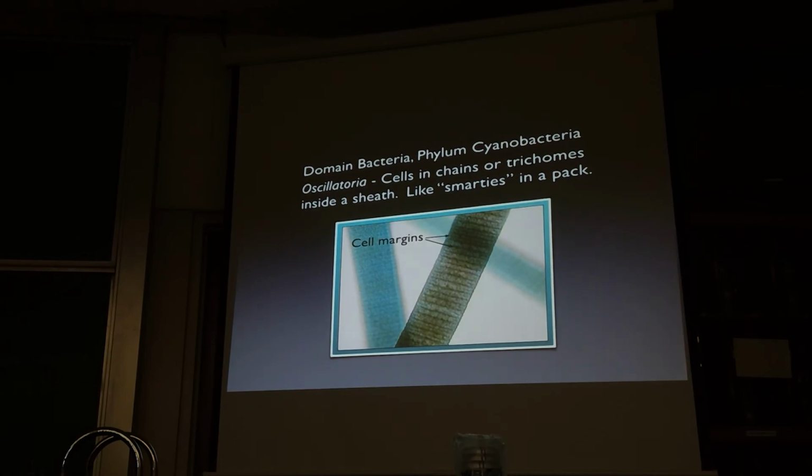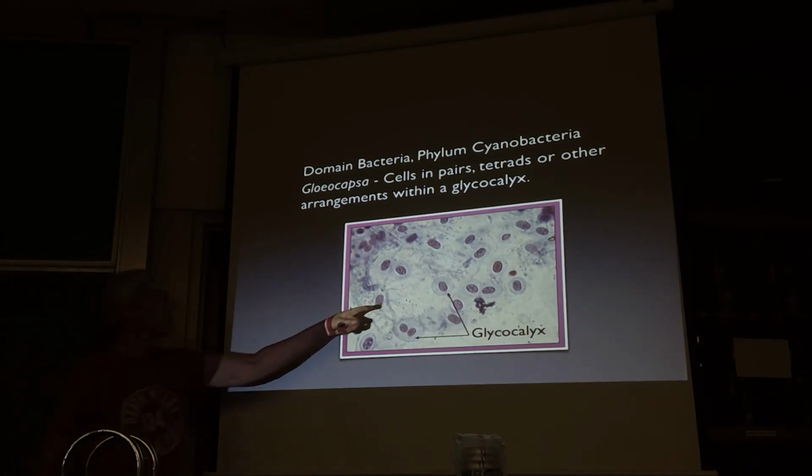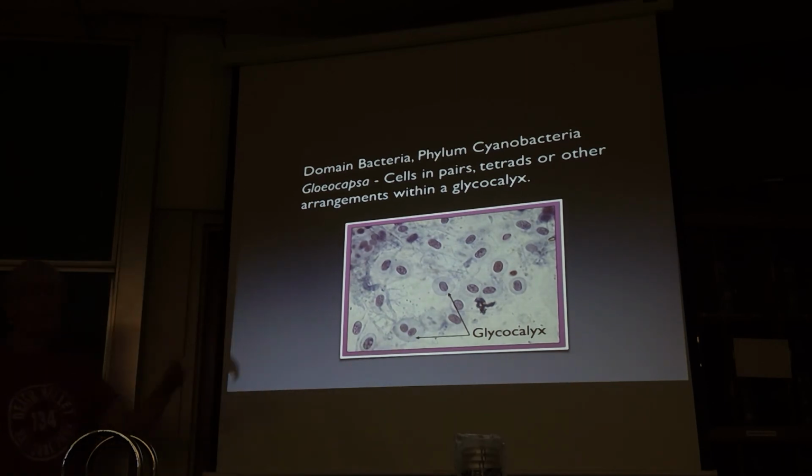So that's Oscillatoria. The next example is Gloeocapsa, so domain Bacteria, phylum Cyanobacteria. Gloeocapsa, these cells live in a capsule. Sometimes there's one cell per capsule, as you see here. Sometimes two, sometimes three. Again, this is artificial color. So if you see them live, they're green.